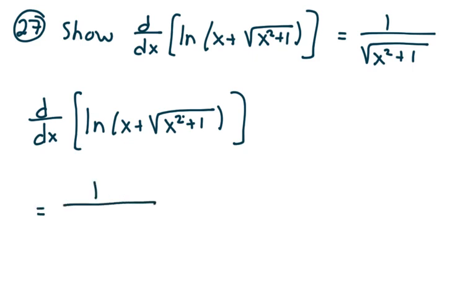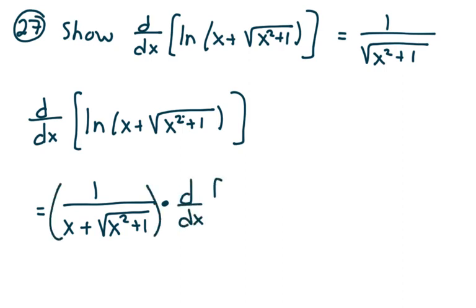So this is 1 over x plus the square root of x squared plus 1 times, okay, so we're going to multiply by the derivative with respect to x of that inside function, which in this case is the derivative of x plus the square root of x squared plus 1.